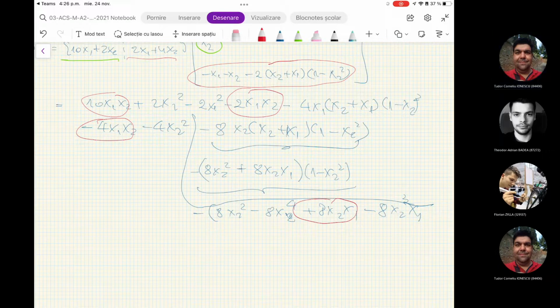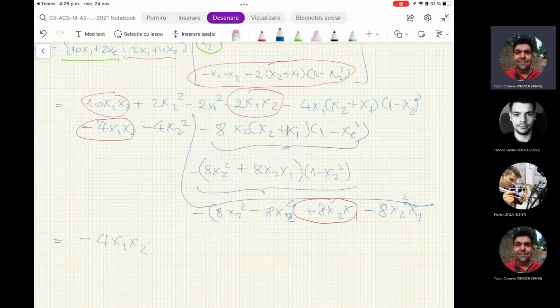True? So this is 10, 8, 4, minus 4 x1x2.